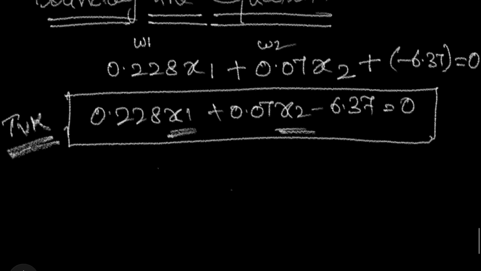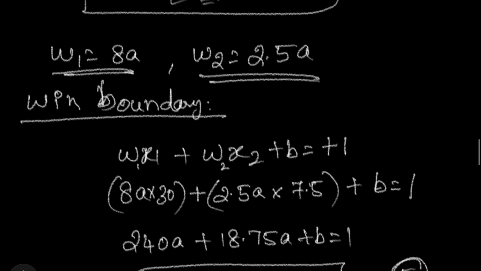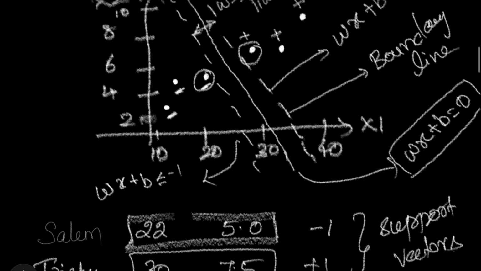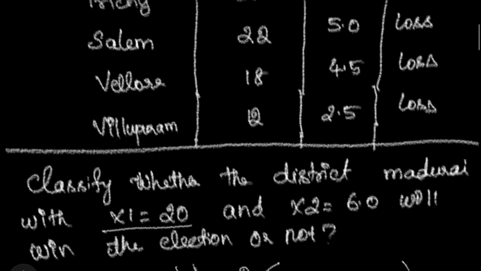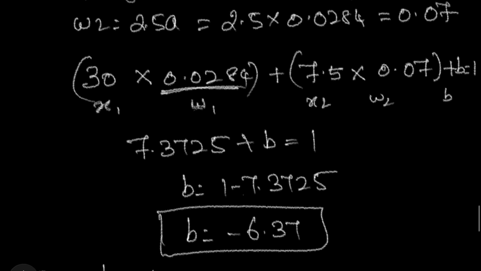So now see what is the sample that is given to you to classify. We have x1 is 20 and x2 is 6.0.